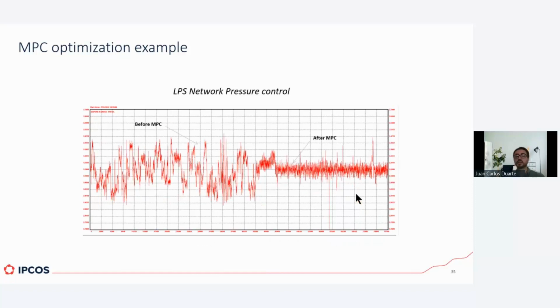And then we also managed to stabilize the low pressure network. You can see how before APC was implemented, the low pressure network was changing almost 0.5 bar up and down. There was just no control, with the implication that it has on the rest of the refinery.